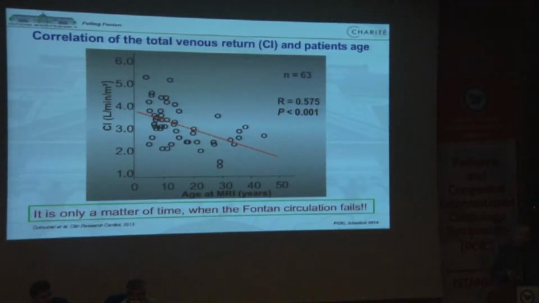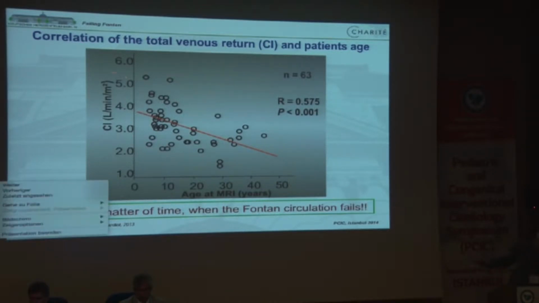If you look at the long-term follow-up of these Fontan modifications, one fact is real: over time, that vascular system will fail. This is a study we performed in Berlin, and all these 63 patients have been followed with MRI investigation. You see that over time after Fontan completion, the cardiac index, on the y-axis, is reduced.